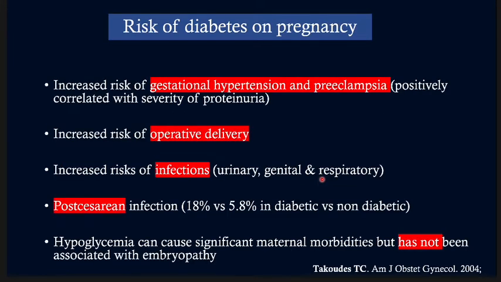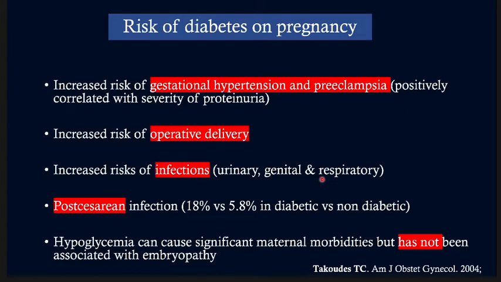So as I said before, if the patient is diabetic, even with gestational diabetes mellitus, they might develop gestational hypertension and preeclampsia. They might have a risk for operative delivery and infection during and after surgery.